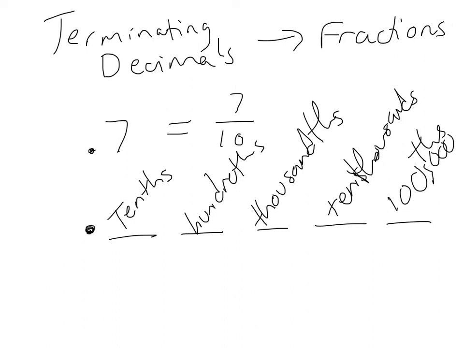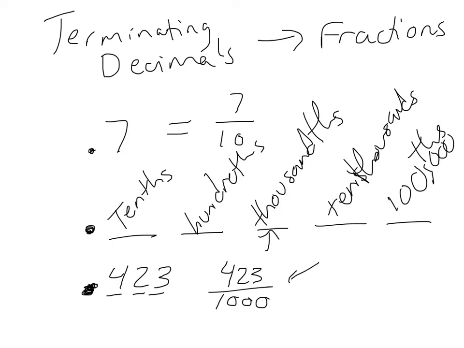So as long as you can read these numbers, 0.423, which means 1, 2, 3, this is the thousandths place. So you have 423 thousandths. That's pretty simple. And maybe if you needed to, you can then simplify this fraction if it called for it.